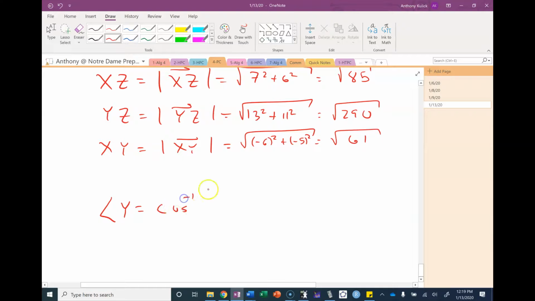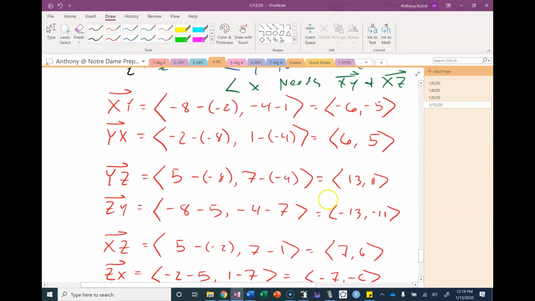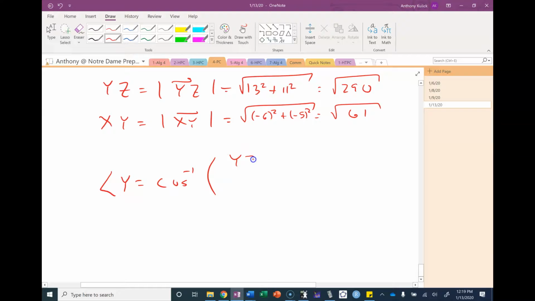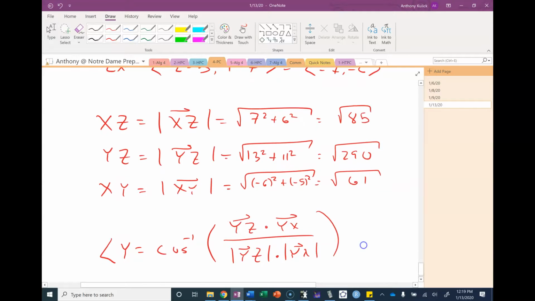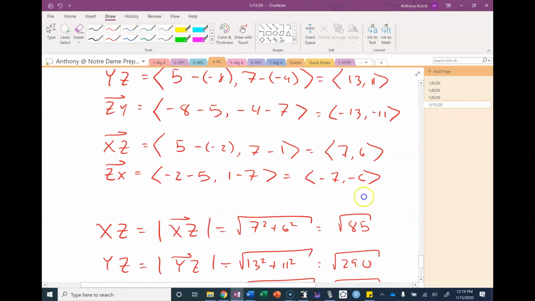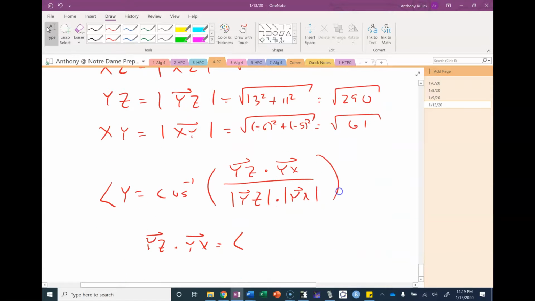So this is going to be the cosine inverse of the dot product between, what did we say, yz and yx, over the magnitude of yz times the magnitude of yx. Okay. So yz dot yx is equal to, let's see, yz is negative 13, negative 11.